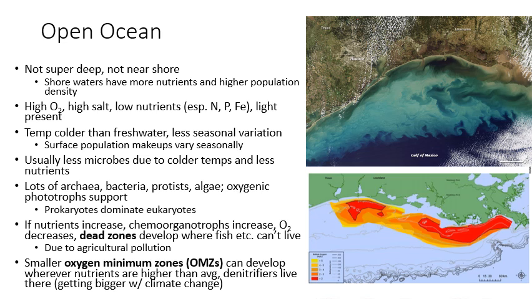And because you don't have oxygen penetrating, then you're more likely to get an oxygen minimum zone. These denitrifiers actually can't tolerate oxygen. They're anaerobes, so they can only live in an oxygen minimum zone or potentially a dead zone, but they mostly live in the oxygen minimum zones.